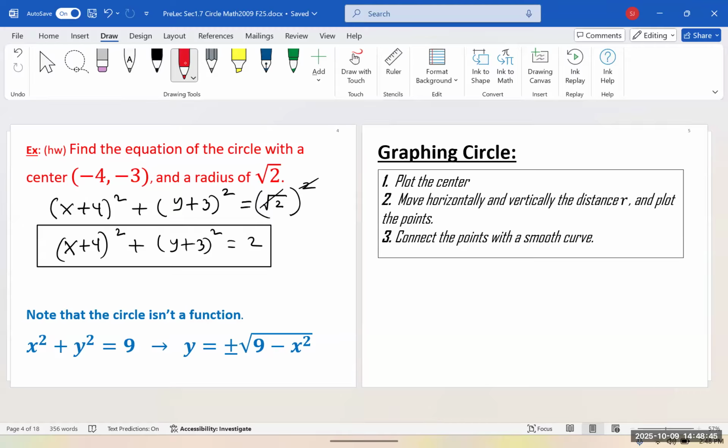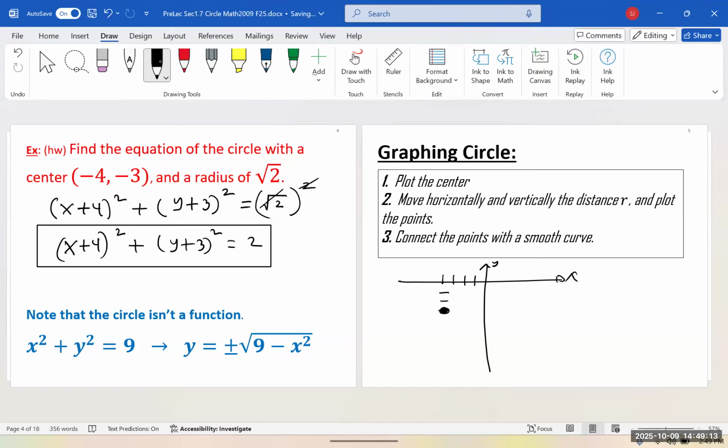For example, this one, the one on the left. Our center is 1, 2, 3, 4, -4. I need more space. X, Y. Our center is -4, -3 here.